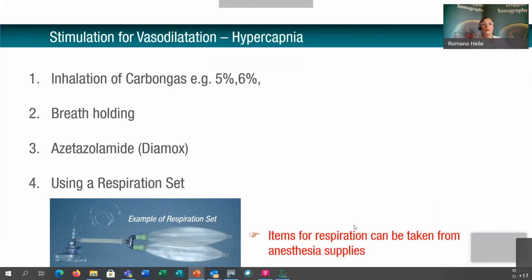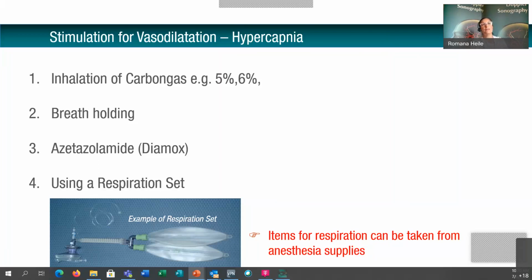Those who already know our QL software, and also our Doppler systems, know that we have a CO2 module. That means that for this kind of test, in some cases, we need the end tidal CO2 measurement. To do this, we also need a way to increase and decrease the concentration so that we can see the end tidal CO2.